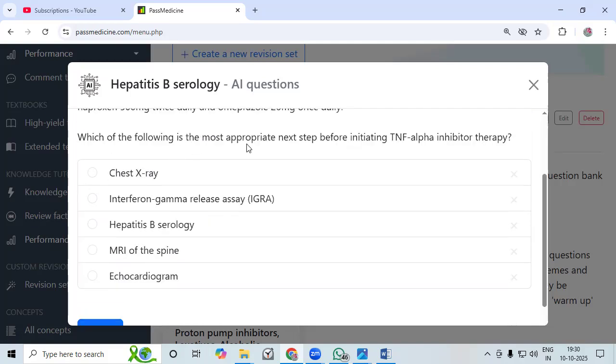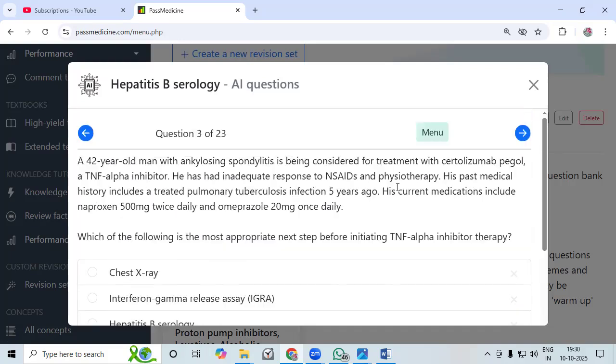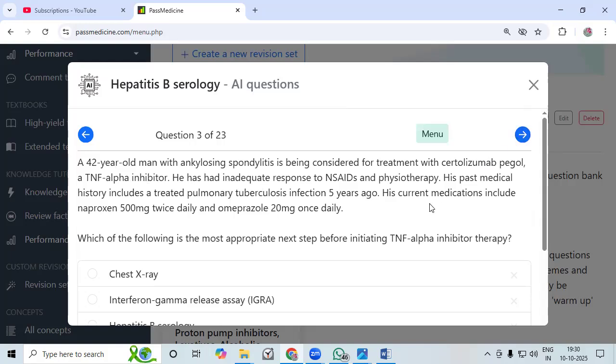Which of the following is the most appropriate next step before initiating TNF alpha inhibitor therapy? Any idea? A 42-year-old man with ankylosing spondylitis is being considered for treatment with certolizumab pegol, a TNF-alpha inhibitor. He had inadequate response to NSAIDs and physiotherapy.